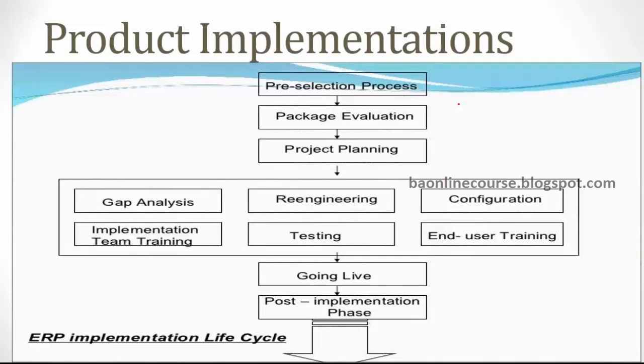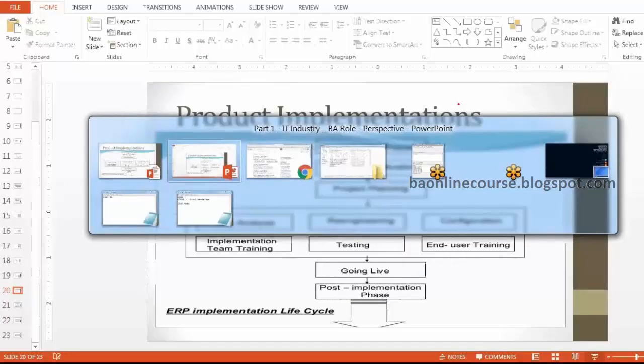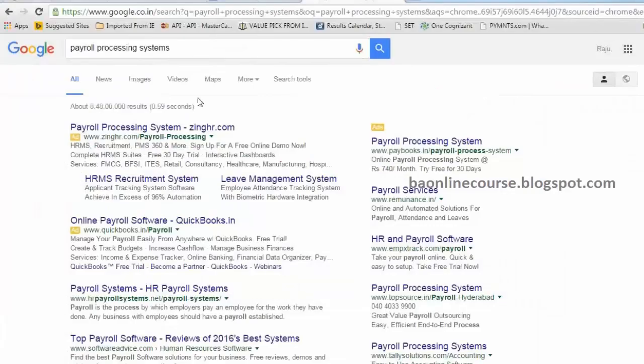So usually evaluation you'll figure out. Let's say there are SAP, and then there is Oracle applications, and then there is Microsoft Dynamics. Multiple products are there to meet the requirement, right? If you pick up the payroll processing, we looked at the list just now. Yeah. So there is Zinger, then there is QuickBooks, HR payroll systems, right?